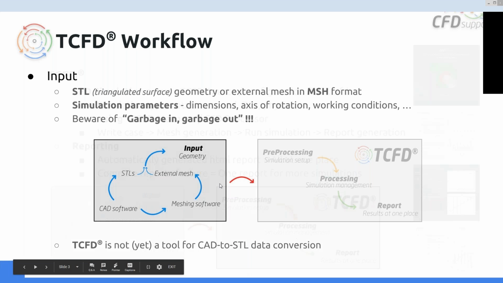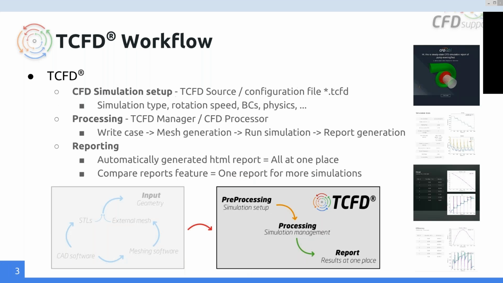The TCFD workflow is basically loading the geometry, then preparing the CFD simulation setup, so configuring all the parameters like simulation type, for example fans, compressors, pumps, and so on, rotation speed of the impeller or propeller, setting boundary conditions, setting physics, setting how many processors you want to use, and so on.